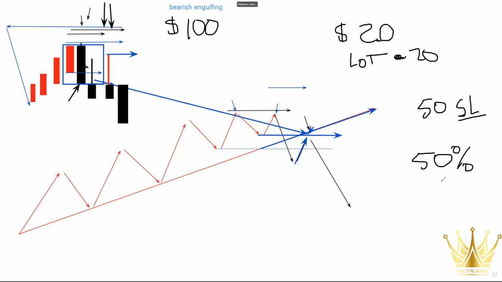The only time you'll be thinking, oh my God, I'm losing a lot of money, is because you are over leveraging. You are risking 50% of your account. When it comes to trading, you need to determine your risk per trade.